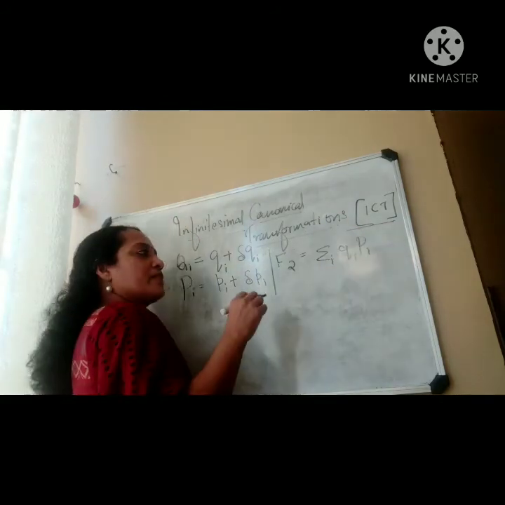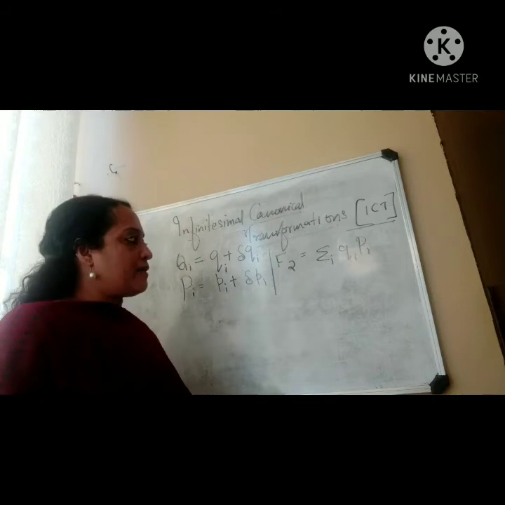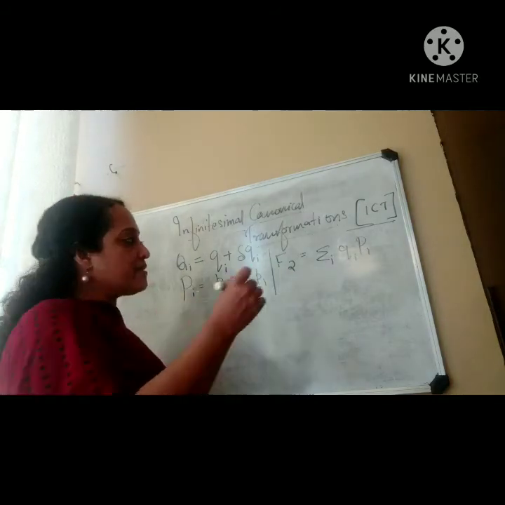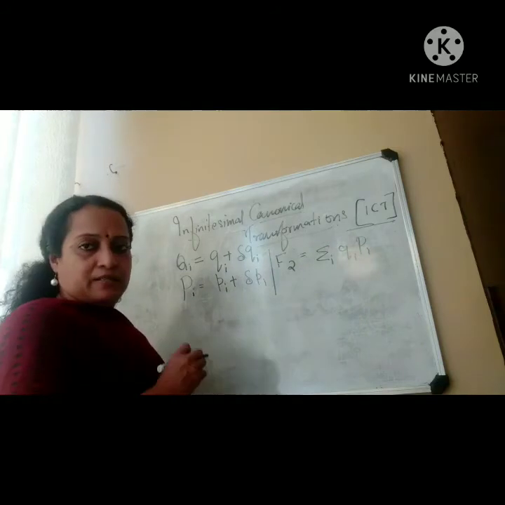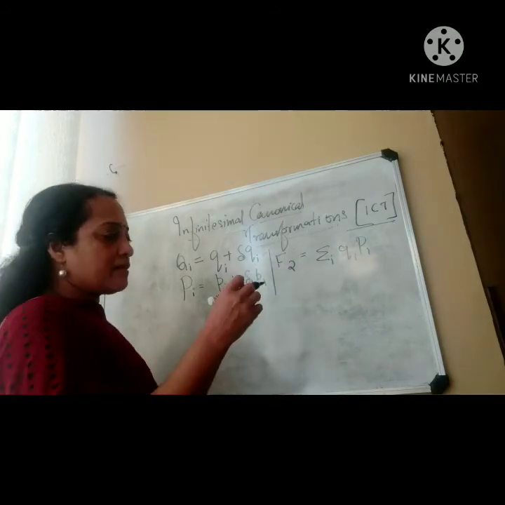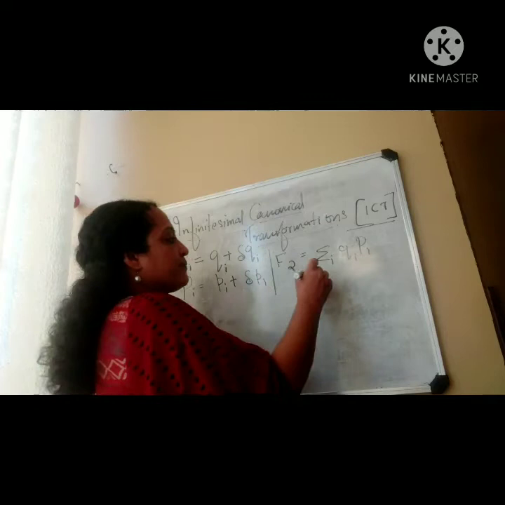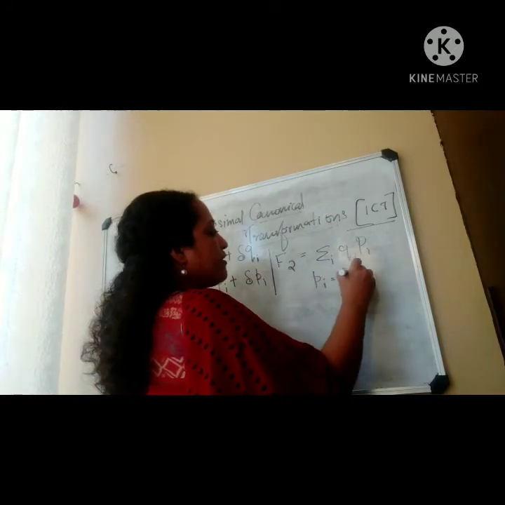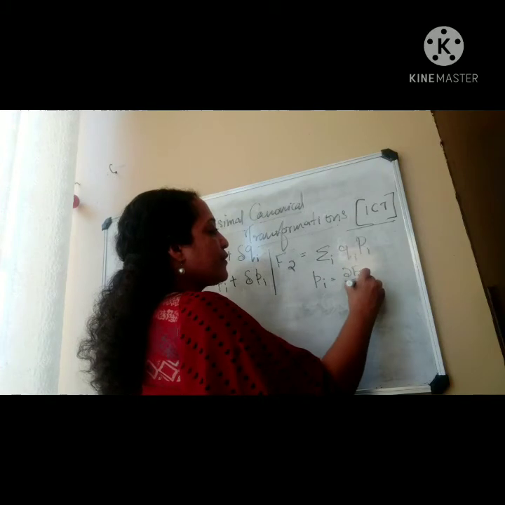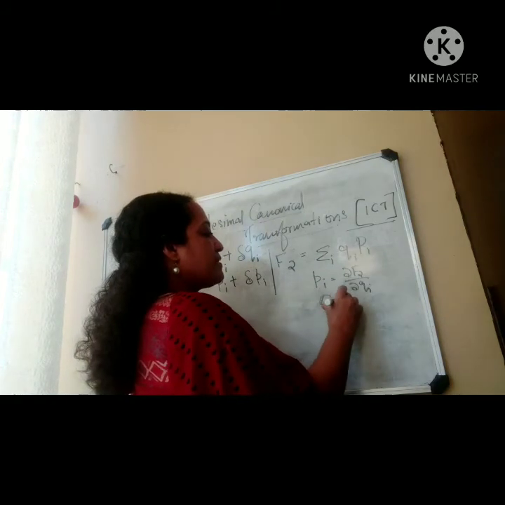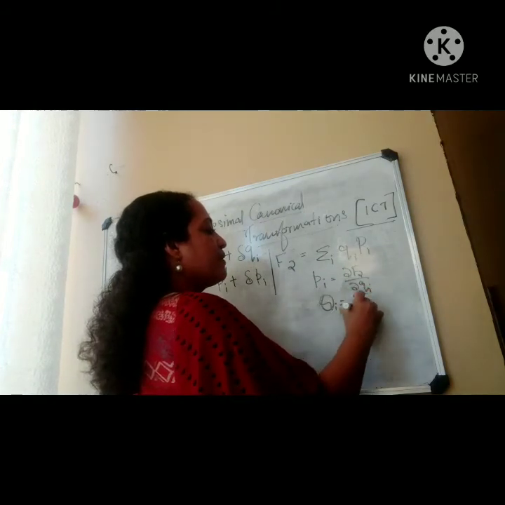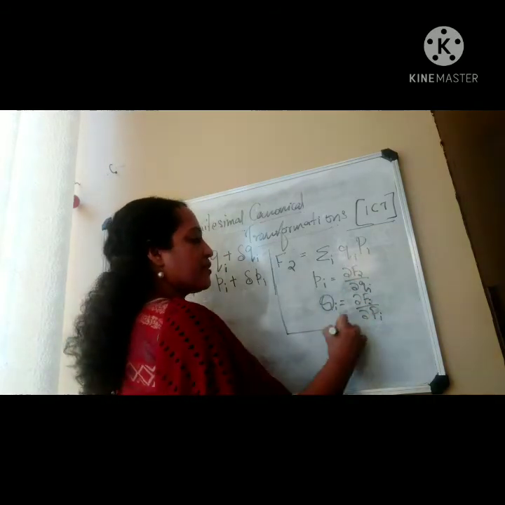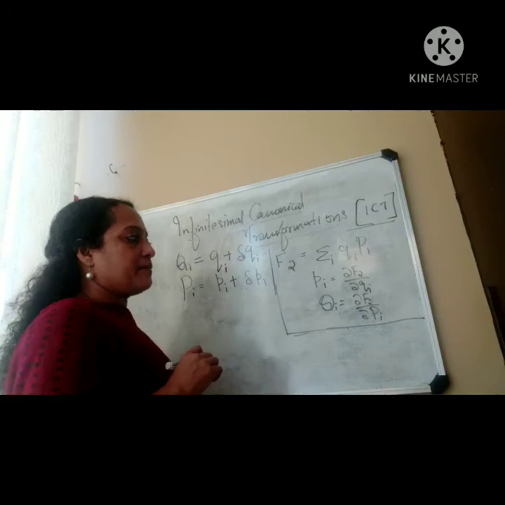This is the generating function of the second type for the identity transformation. If we use the transformation equations, small pi is equal to dou F2 by dou qi, and capital Qi is equal to dou F2 by dou Pi. These are the transformation equations for the second type.